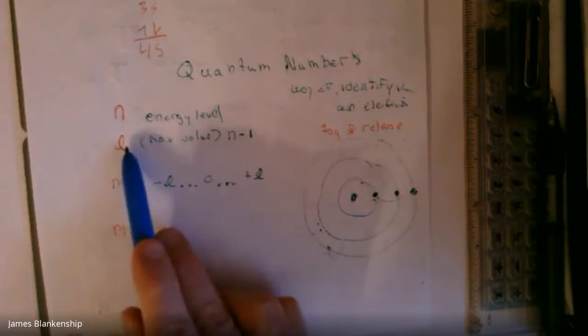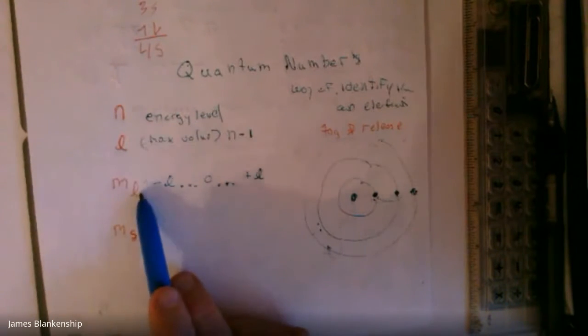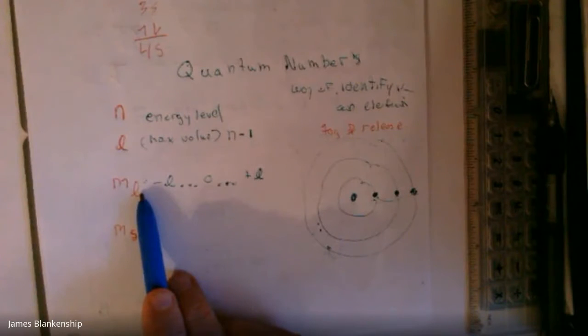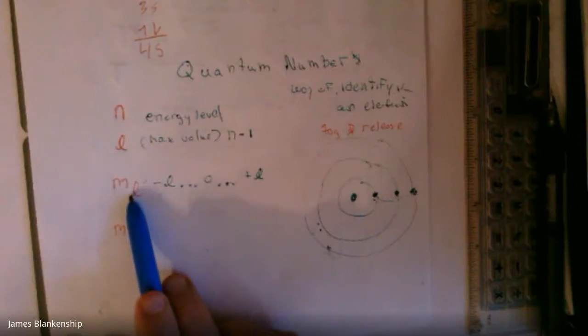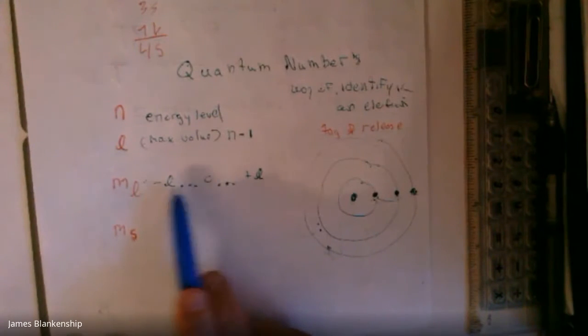If you have an L of 1, you cannot have an M sub L of 2. And the way they ask a lot of questions on the multiple choice test about quantum numbers is they ask a question like, which of the following is not a possible set of quantum numbers? So look for that: your M sub L should always be a value between negative L and positive L.